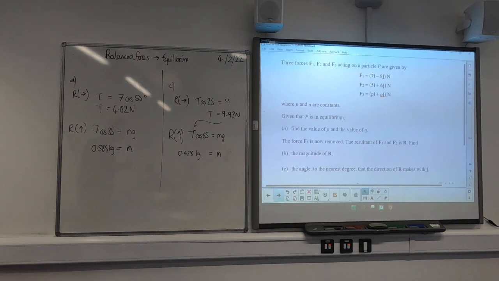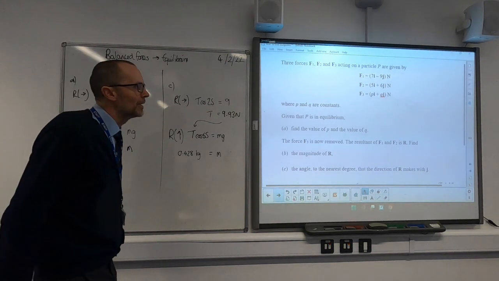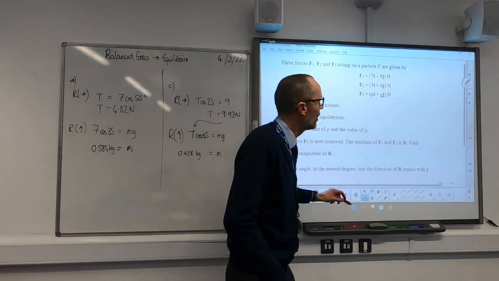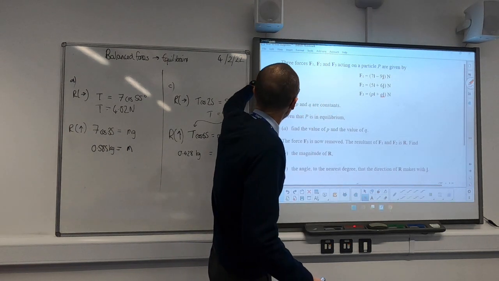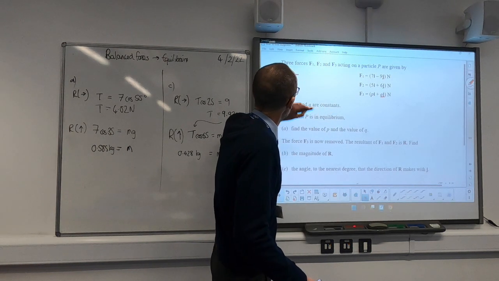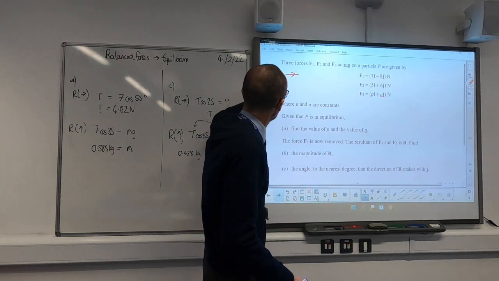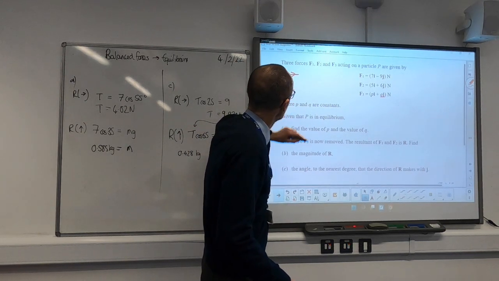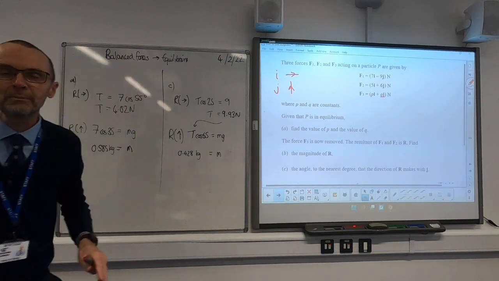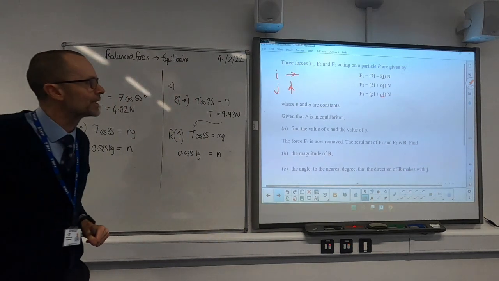So you may remember that the vector i is a vector of one unit in the positive x direction, and the vector j is a vector of one unit in the positive y direction.